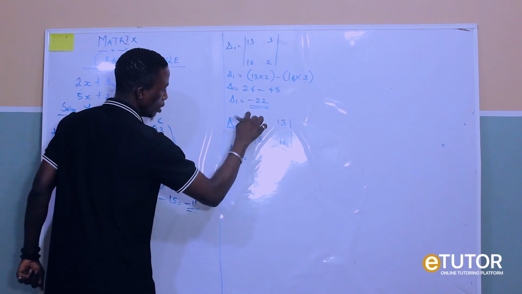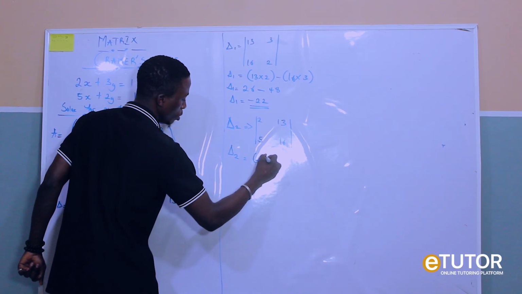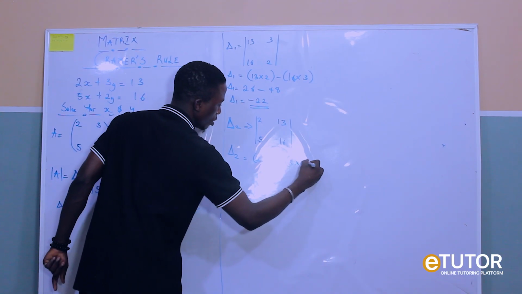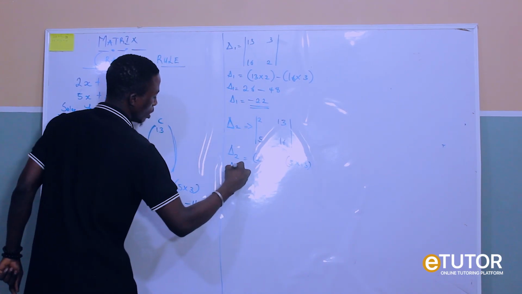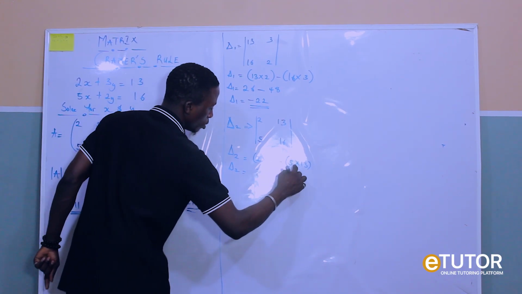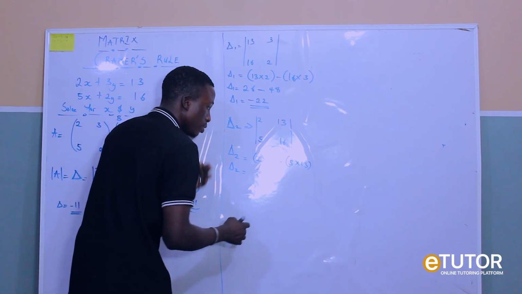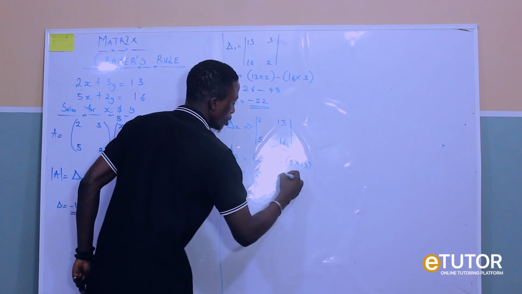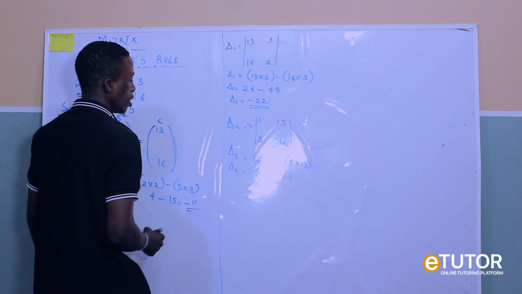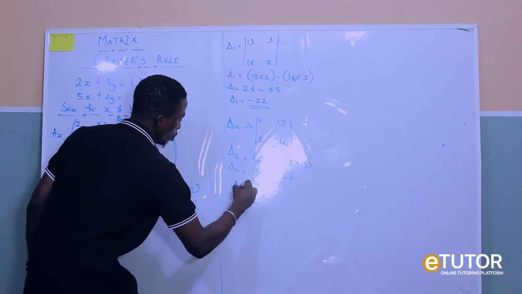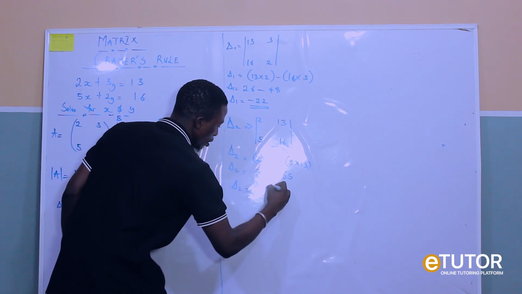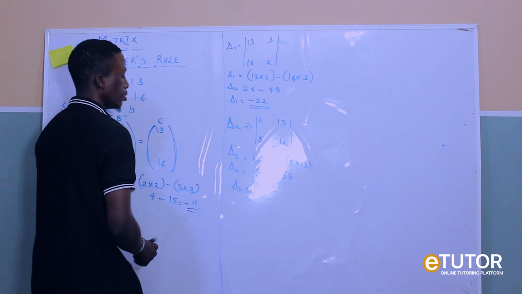Delta 2 equals, this time, 2 times 16 minus 5 times 13. So delta 2 equals 32 minus 65. So delta 2 equals negative 33.